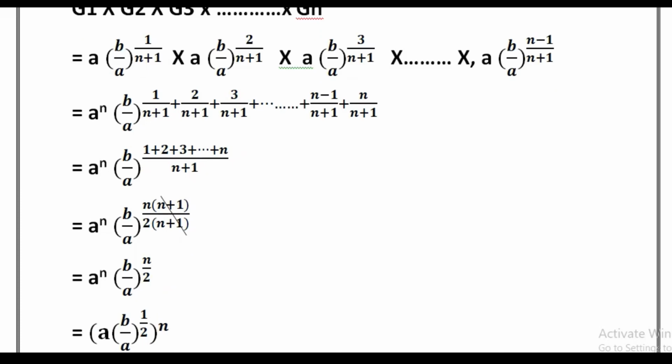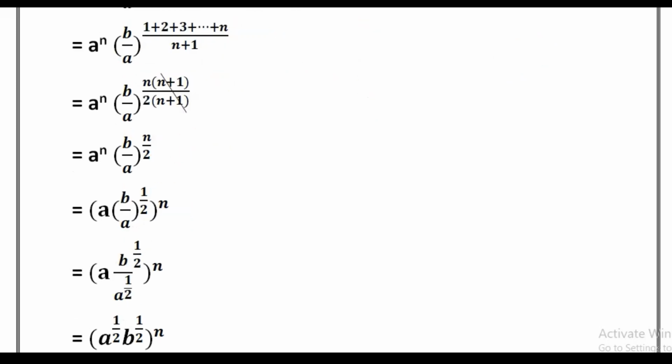So this can also be written in whole power n form: A into B divided by A whole power 1 divided by 2, whole power n. A power 1 divided by A power 1 divided by 2 can also be written in the form of A power 1 divided by 2 B power 1 divided by 2.